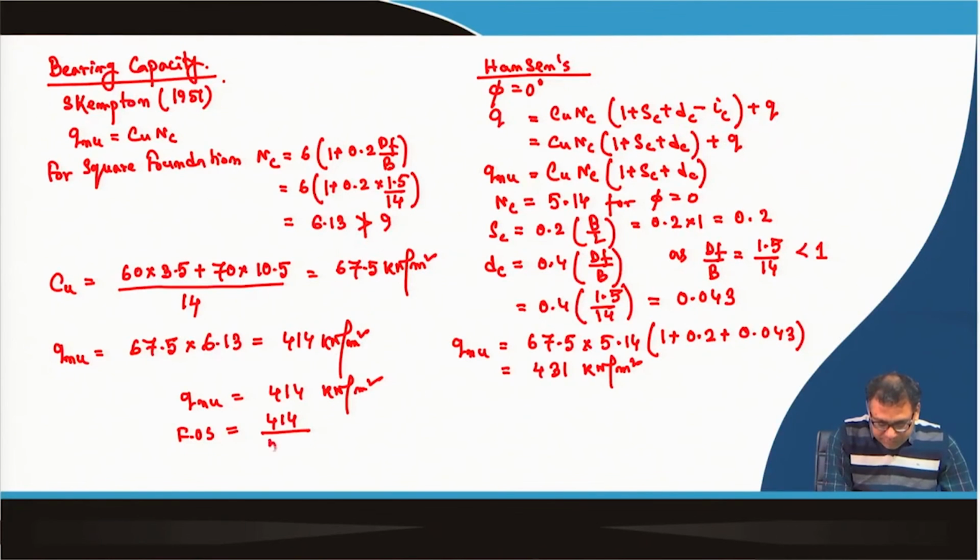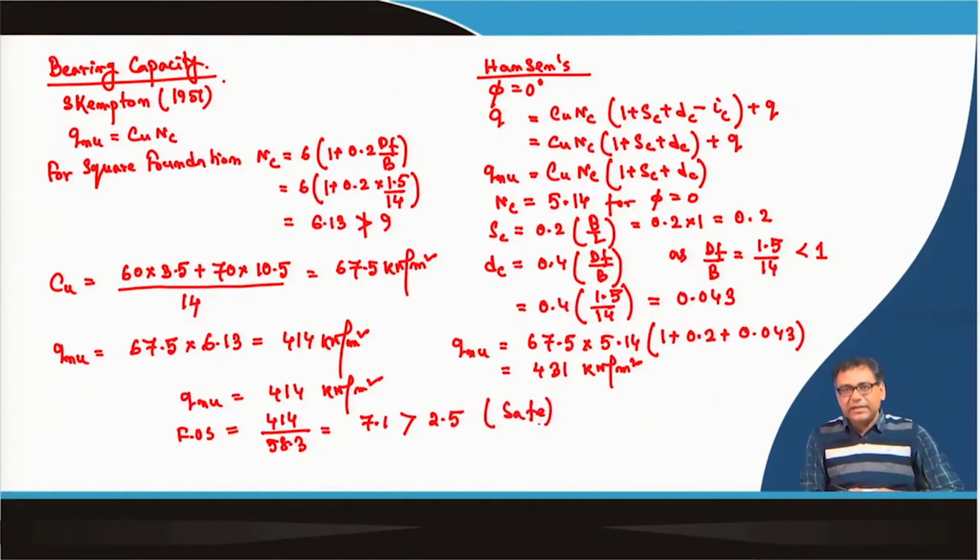So, this value is 7.1, which is much more than 2.5. So, as per the bearing check it is over safe. We have done the checking for bearing only, and as per this checking it is over safe.